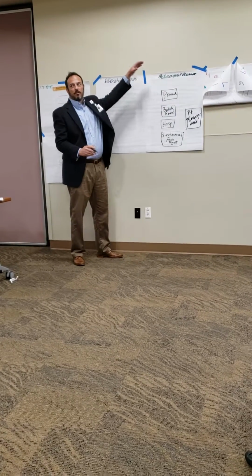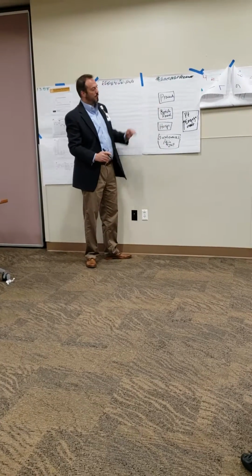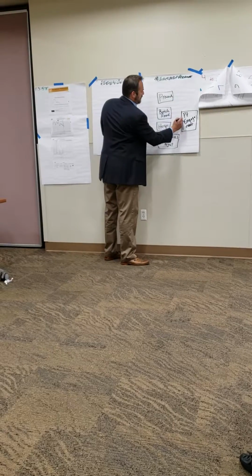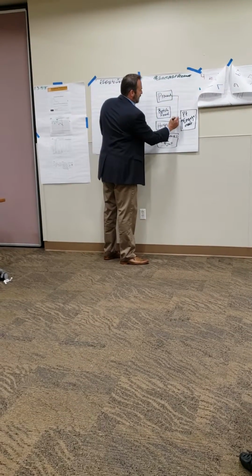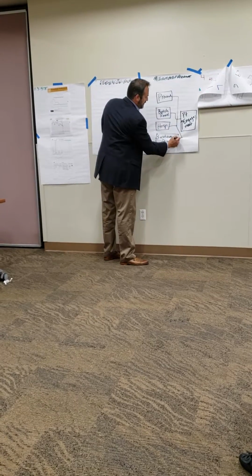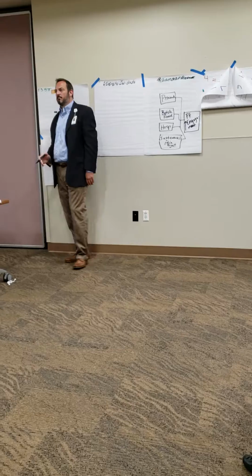You can have a lot of processes, and this will help clarify the specific processes that contribute to the outcome. And then I'm drawing a branch from the outcome to each of these processes because this reinforces how these processes are connected to that outcome.